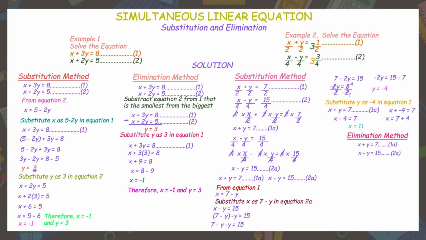Here we want to eliminate one variable. If we say subtract equation 1 from 2, that means x minus x will give us 0, and minus y minus plus y, so the meaning of this is that you're saying subtract.